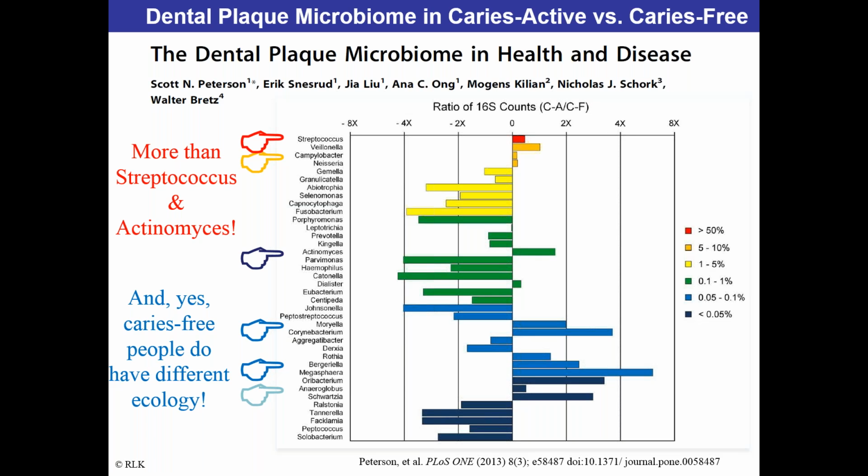And so I use this as an example. Me myself, I've always had a pretty significant history of caries, whereas my brother has not. So is his ecological makeup different than mine? Absolutely. And what this study shows, published in 2013 in the PLOS One journal, you're free to look at it.